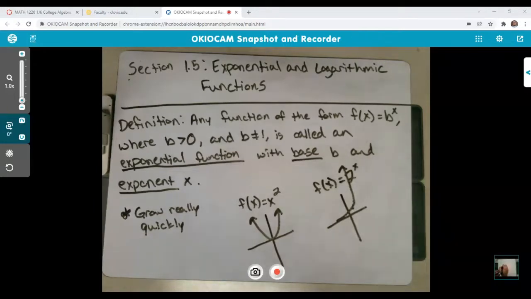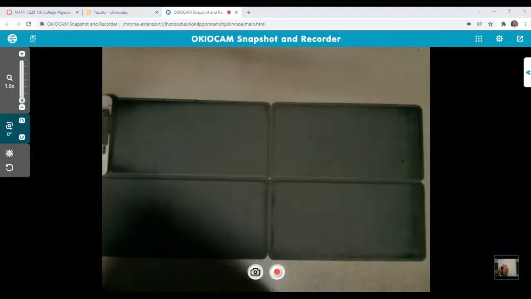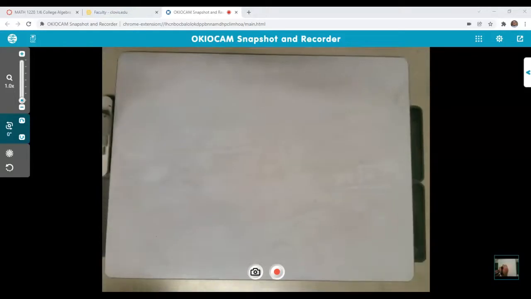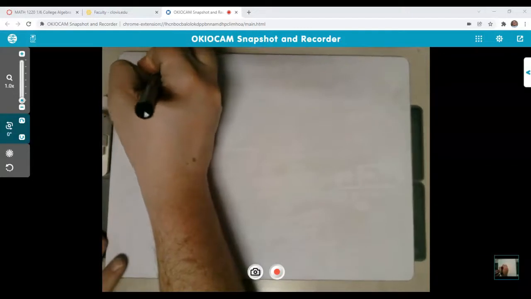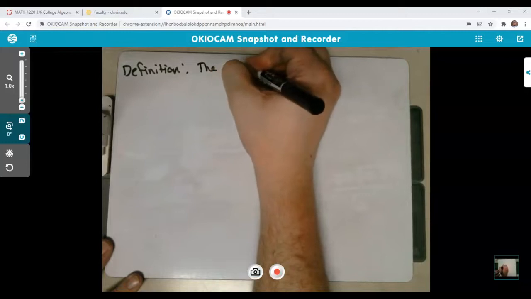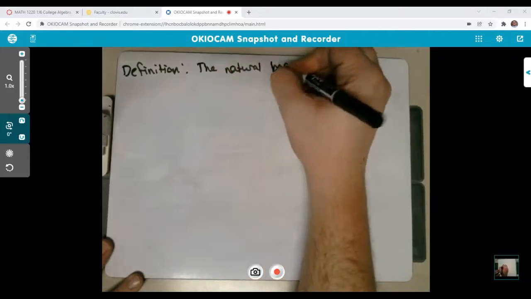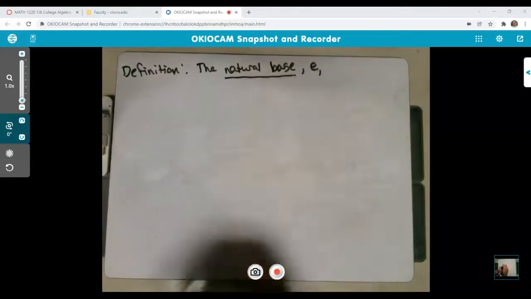There is a special base I want to look at that I could possibly have in an exponential function. And that is called the natural base. The natural base. So let's look at that. Definition. The natural base, which we call e, if you ever see an e, that's what we mean.